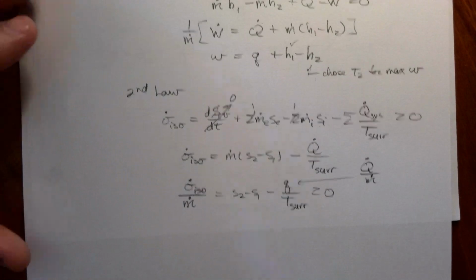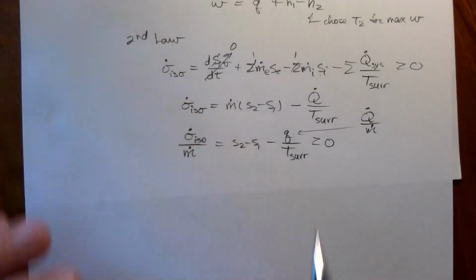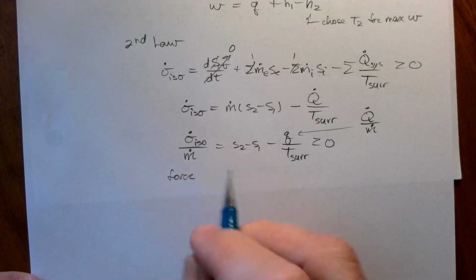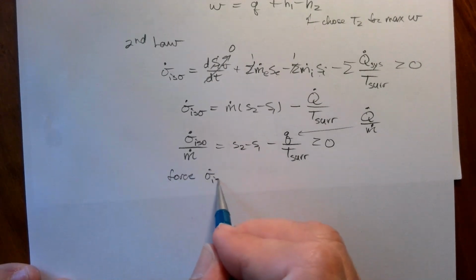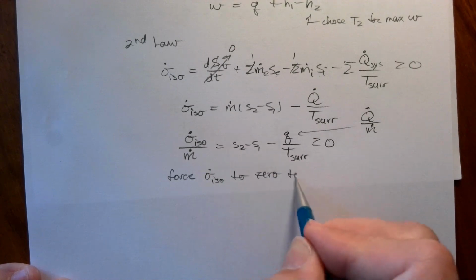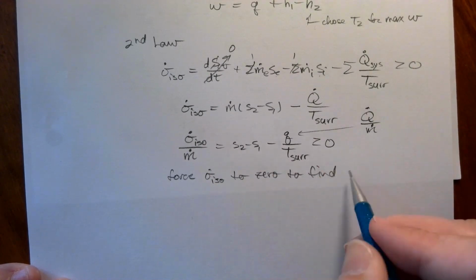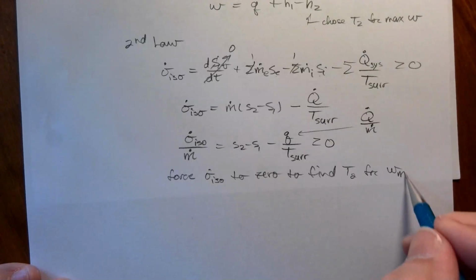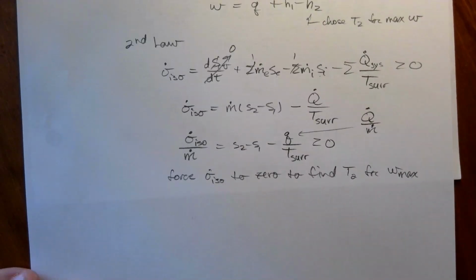Alright, so setting this equal to 0 then, let's call it force. Force sigma dot isolated to 0 to find T2 for W max.